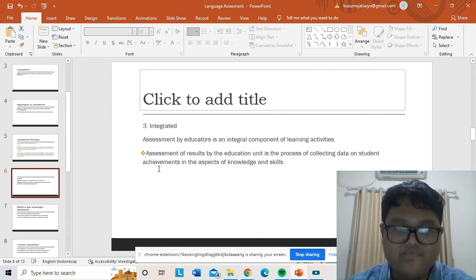The last is integrated. Assessment by educators is an integral component of learning activities. Assessment of the result by the education unit is the process of collecting data on student achievement in the aspects of knowledge and skills.